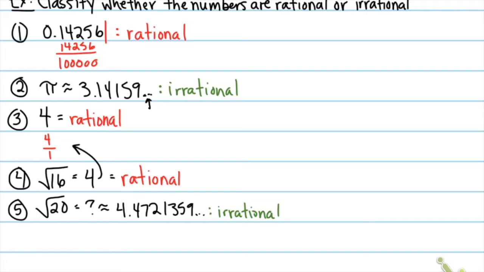And last one here. All right, looking at another example, I have, let's say, 2.14151617... Well, this is a little confusing because there's a pattern to it. And just because there's a pattern, it doesn't necessarily mean that it is a rational number. Okay?